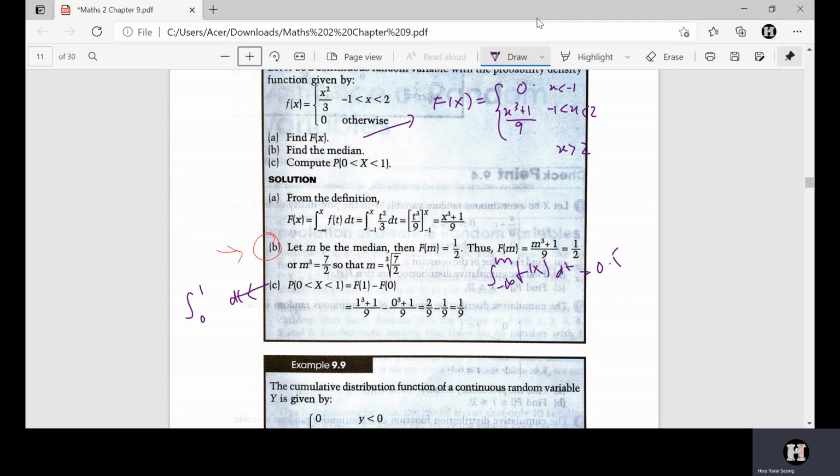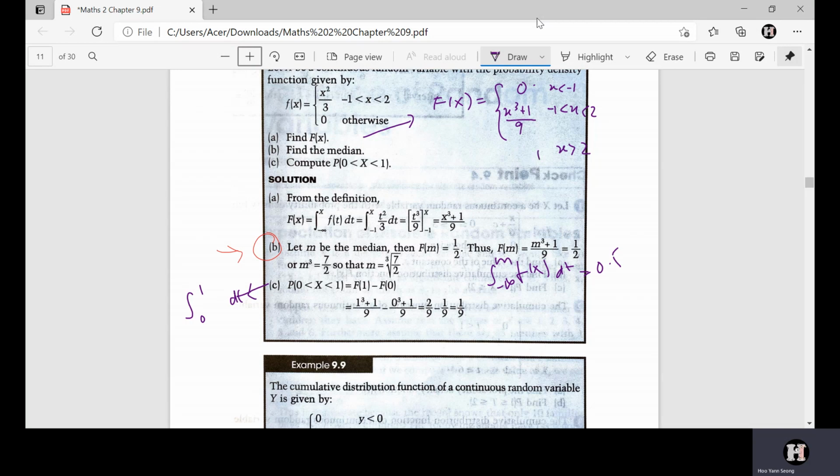Maybe some of the questions ask you to show that this particular function is a probability density function. How? You just take this number 2 and substitute over here. So 2 to the power of 3 is 8 plus 1 is 9. 9 over 9 actually is 1.